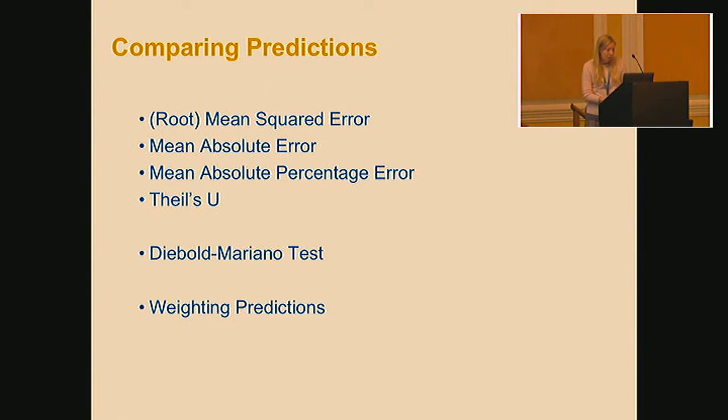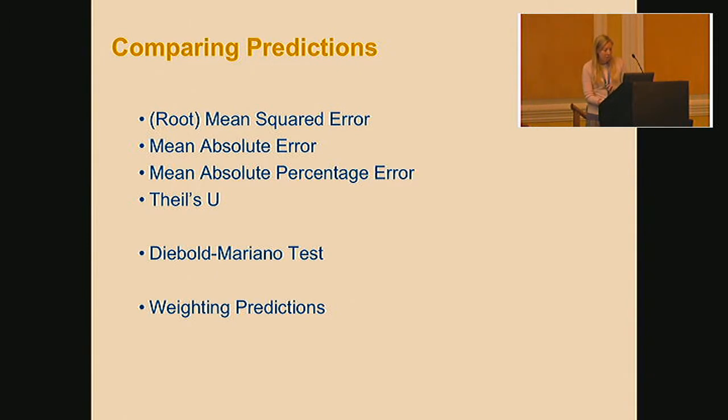Each of them has pros and cons though. Root mean squared error just gives a sample average of the difference between the predicted value and the observed value, but it can be sensitive to outliers. Mean absolute error and mean absolute percentage error are similar, except mean absolute percentage error uses percentages, and it can be biased towards models that underpredict.